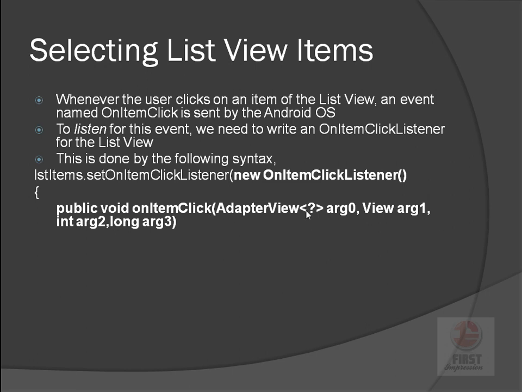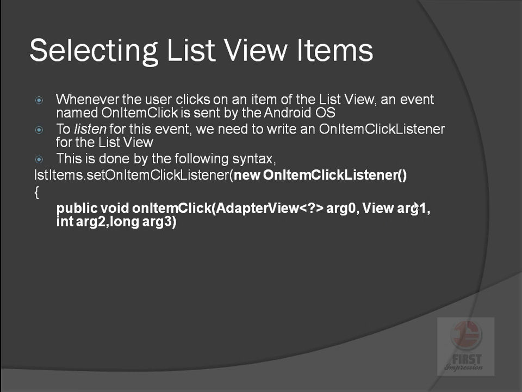It passes the adapter view, the view, and one integer and one long. Out of these 4 parameters, the parameter of use is this view. This view indicates which view has been clicked. If you have a list of multiple views, out of those views, which view is clicked.